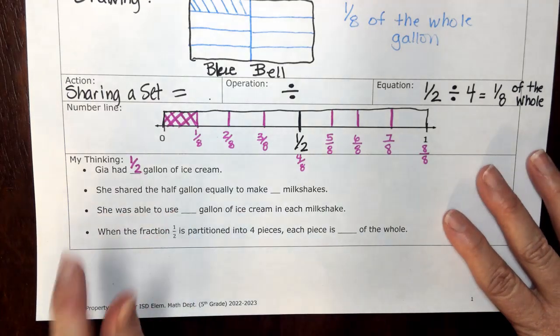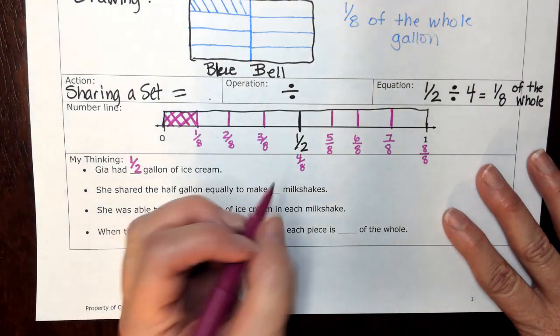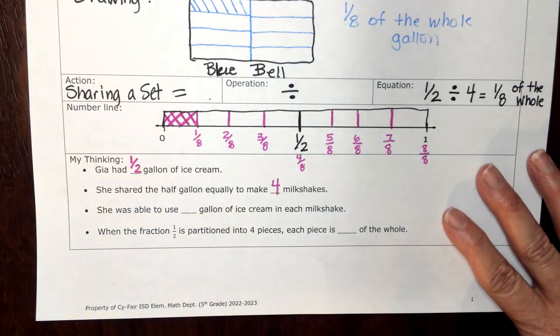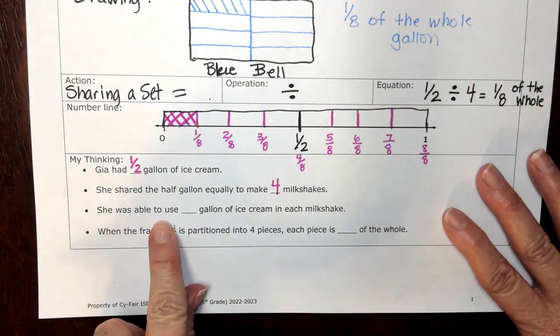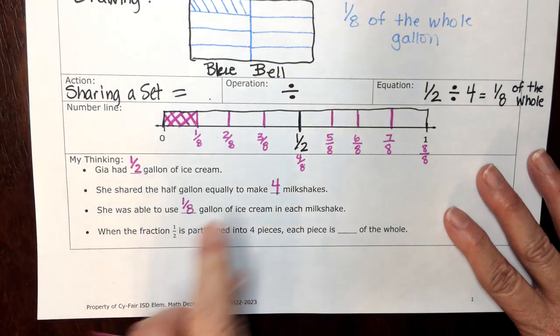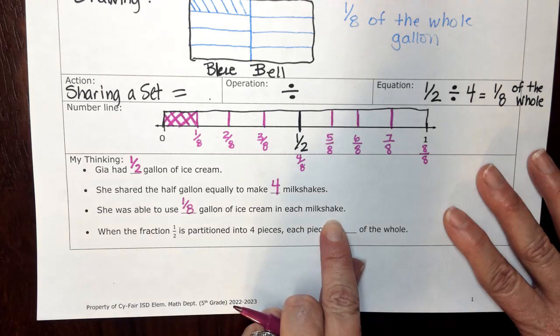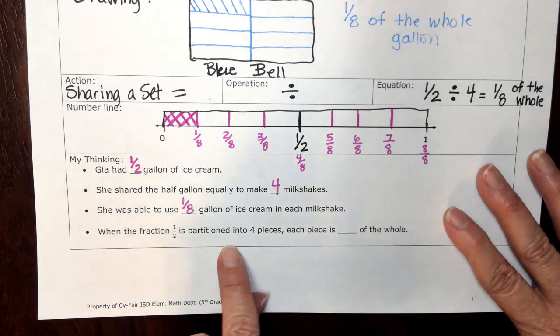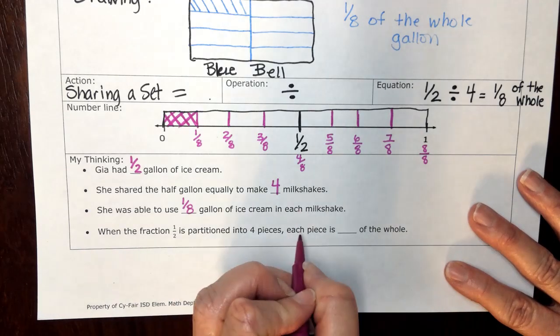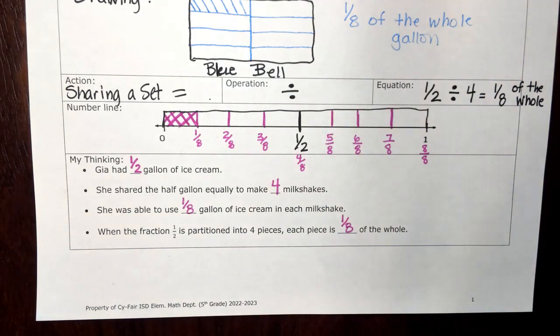She shared the half gallon equally to make 4 milkshakes. She was able to use 1/8 gallon of ice cream for each milkshake. And when half is partitioned into 4 equal pieces, each piece is 1/8 of the whole.